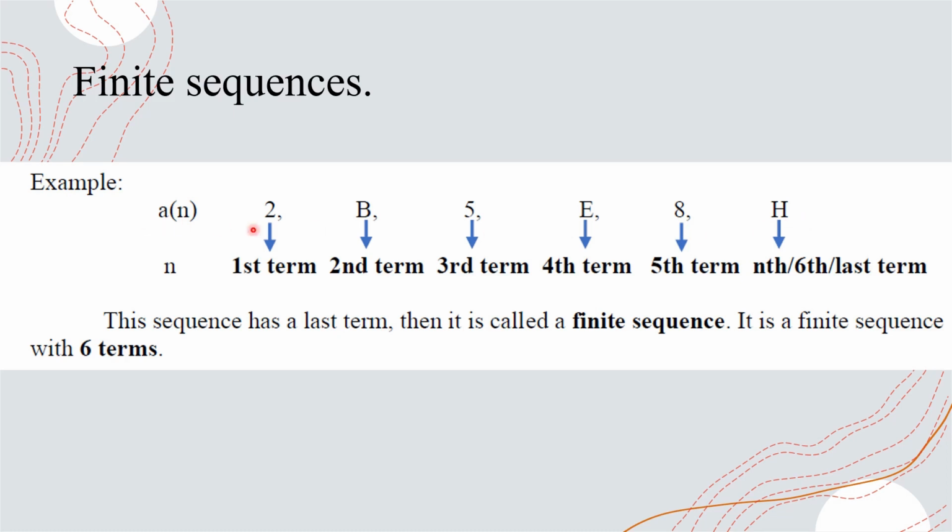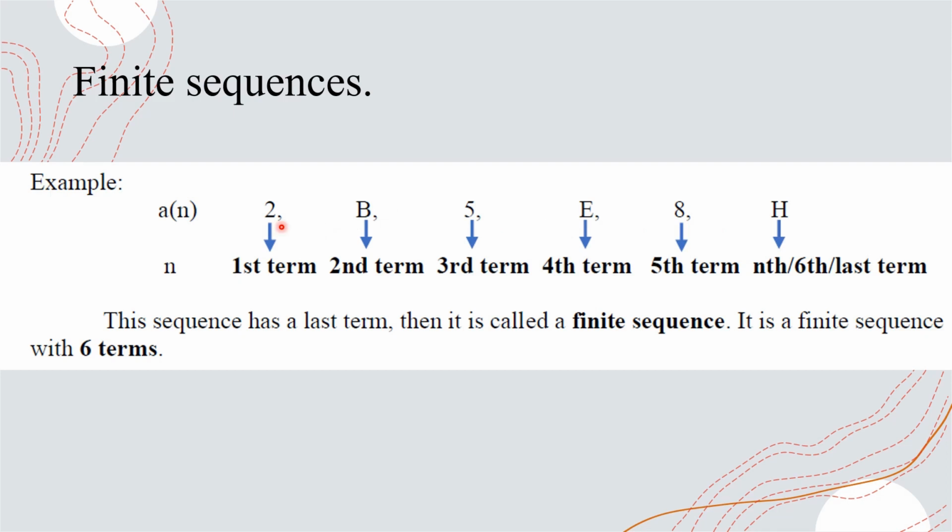So, in this case, makikita natin the first term is 2, and then followed by B. Okay? Right after B is 5. So let's take a look at now the relationship of 2 and 5. And sunod si E. After that, 8 and H.